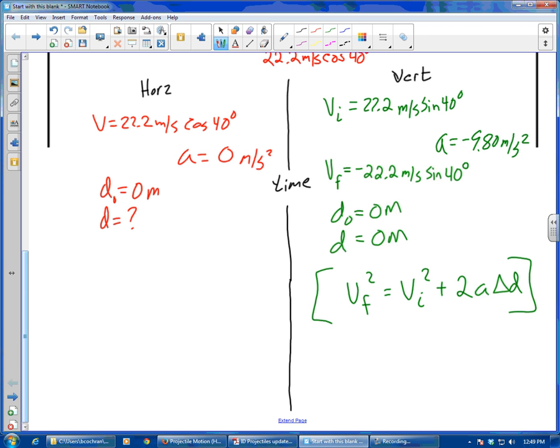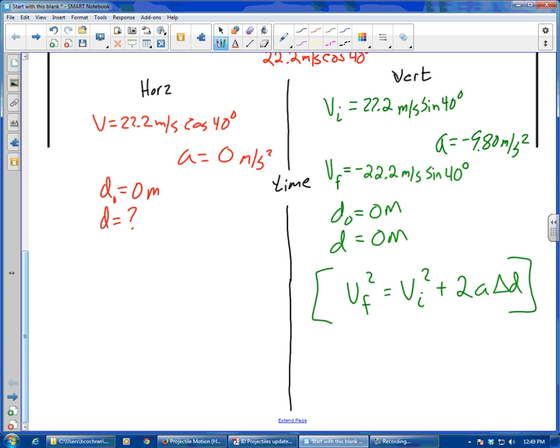So 0 times A times 2 is 0, and we end up with V final squared equals V initial squared. So when it lands, it either has to be moving up at the same speed as when it started, or the opposite. This gives us an idea that something's going on here.